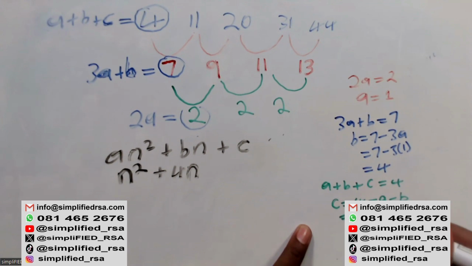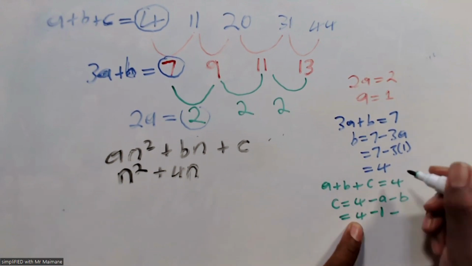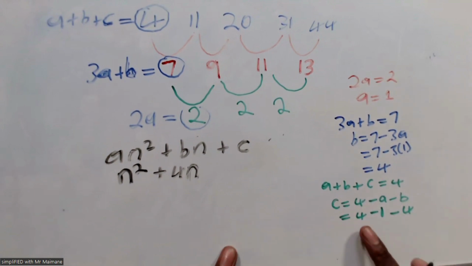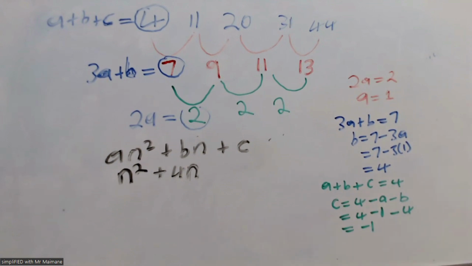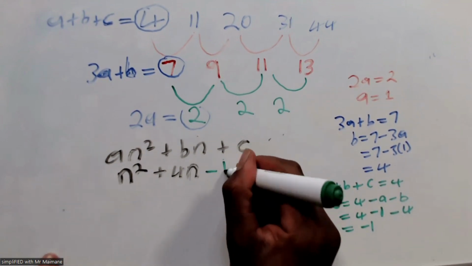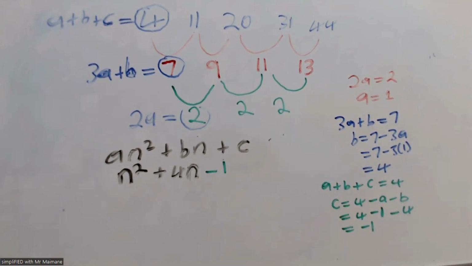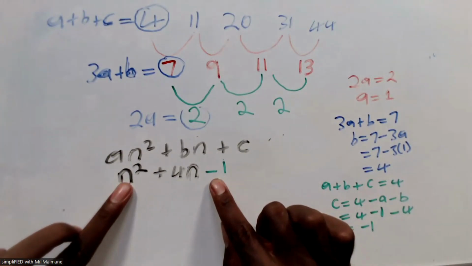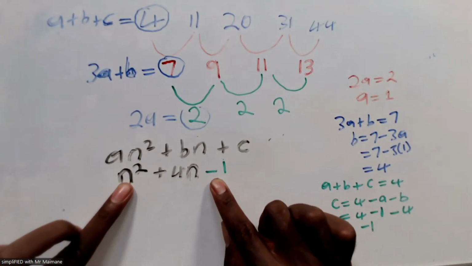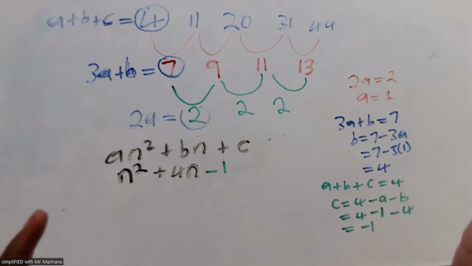Therefore, I'll have 4 minus a is 1 minus b is 4. So 4 minus 1 minus 4, this is going to give me minus 1. Therefore, the value for c is going to be minus 1. So now we're done. The nth term of this sequence, we get this, which is the very same as the way we did with the first method. So you either choose to use this method or the first one.